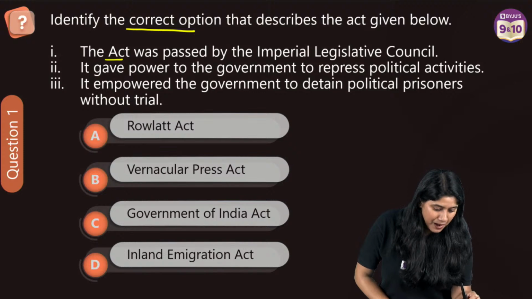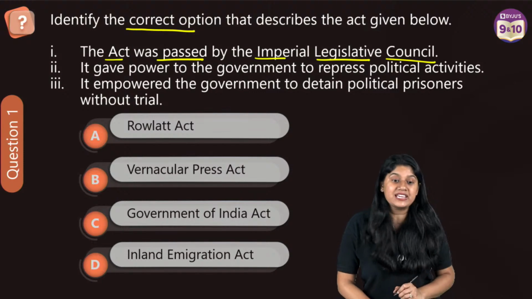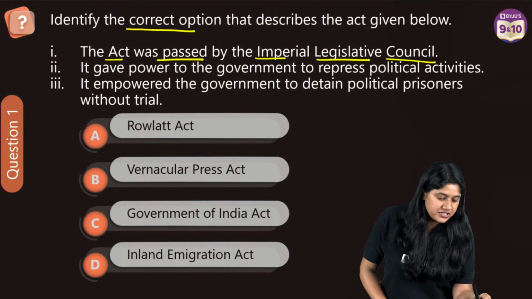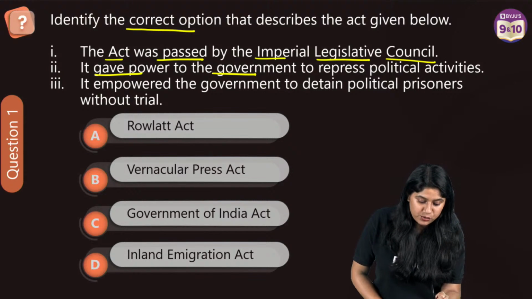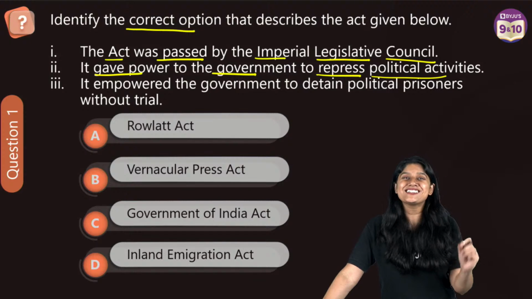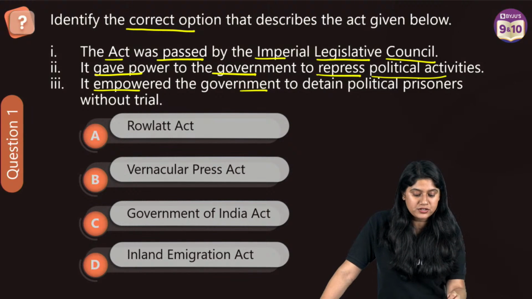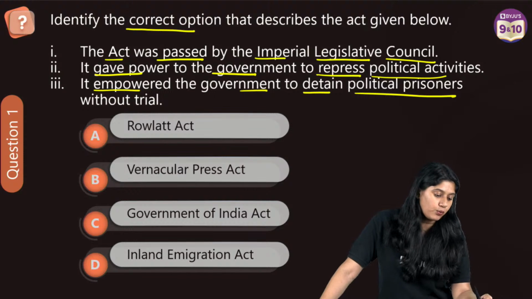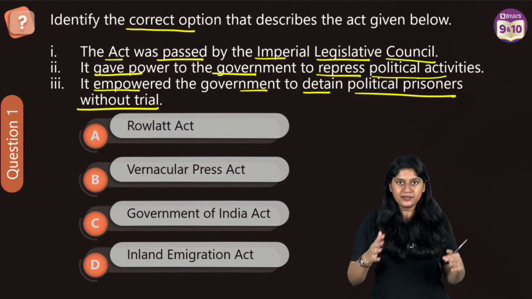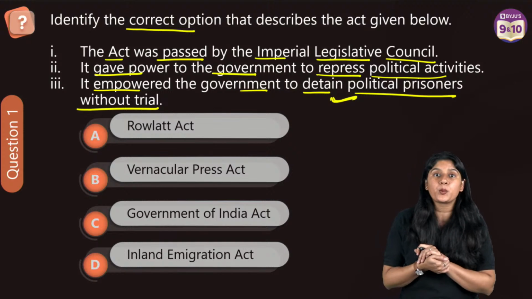The act was passed by the Imperial Legislative Council. It gave the power to the government to repress political activities. And the last hint that we have over here is that it empowered the government to detain political prisoners without trial. So the major hint is the detaining of political prisoners without trial.